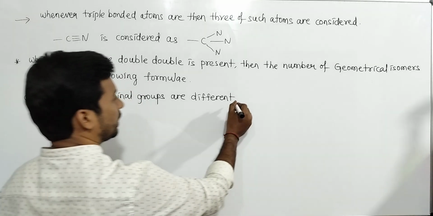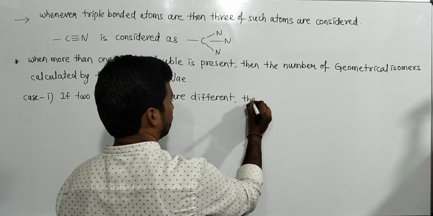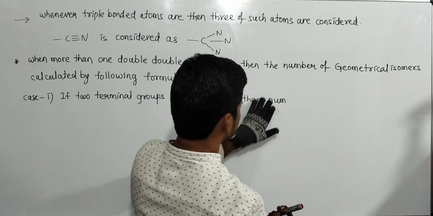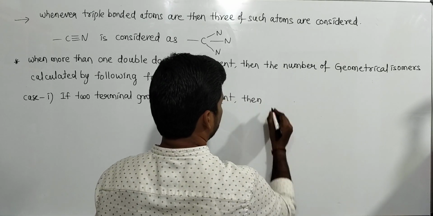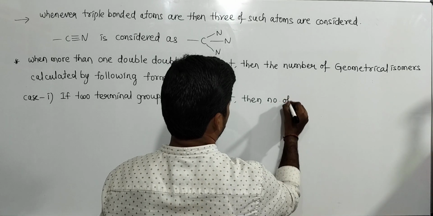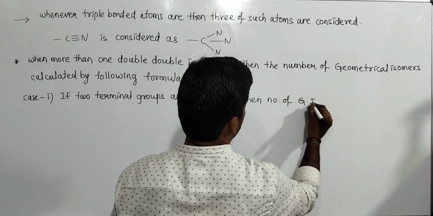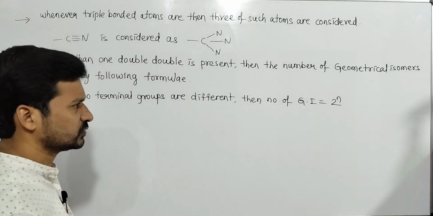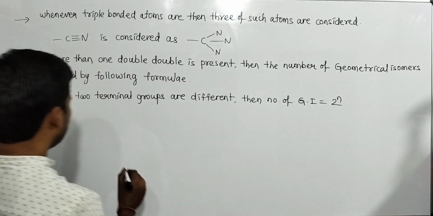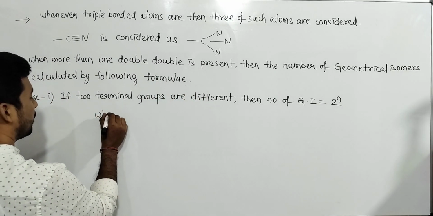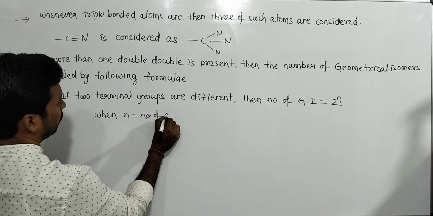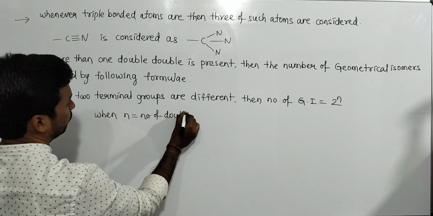The number of geometrical isomers is equal to 2 power n, where n is the number of double bonds.